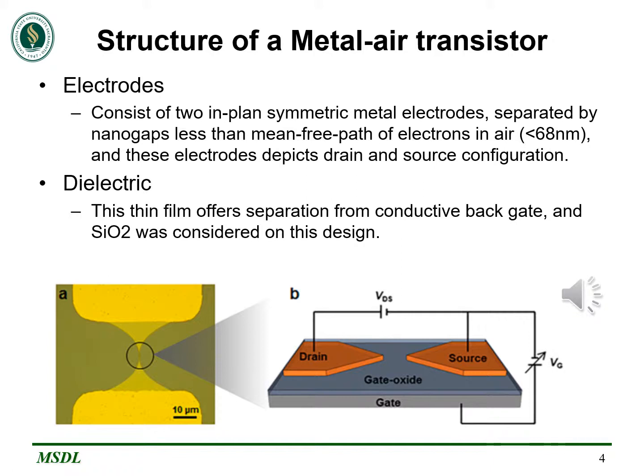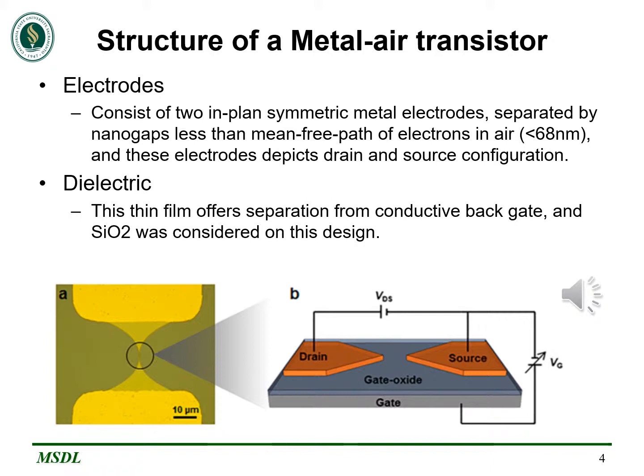The metal structure depicts a drain and source configuration. A dielectric thin film offers separation from the conductive backgate. In figure A, you see a top view optical image of the fabricated device.